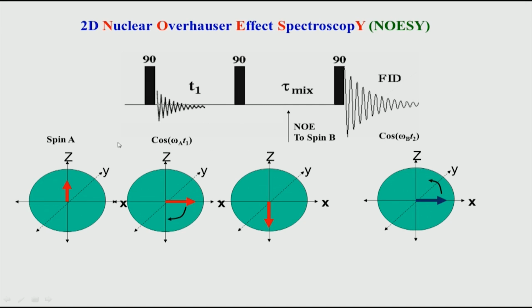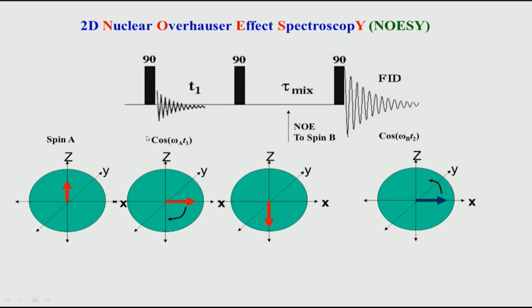Okay. So, what we are basically doing is communicating the population difference, whatever happens for A, to spin B, and when does it happen? That happens during this period. During this period the population of A is changing because of its relaxation, and the decrease in population is affecting the population of B, and that is communicated to B. That population difference also has this term, because remember, the intensity of an FID is related to the cosine omega t times e to the power minus t.